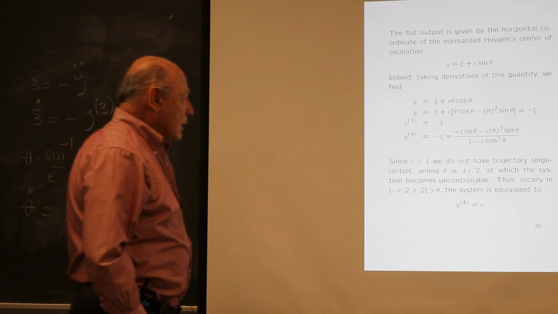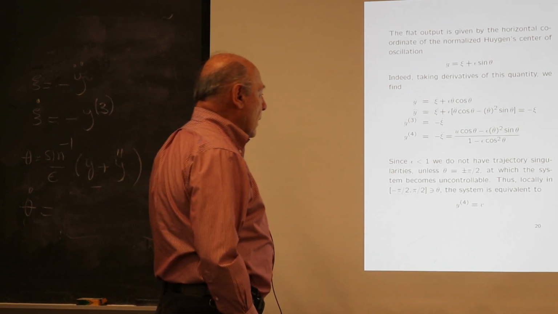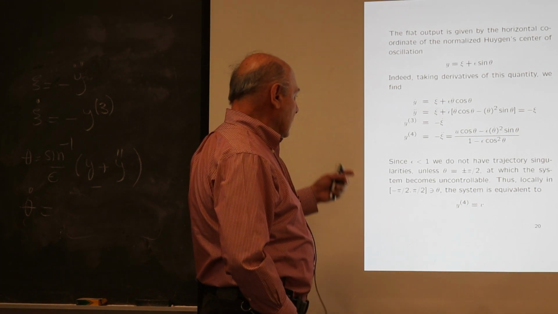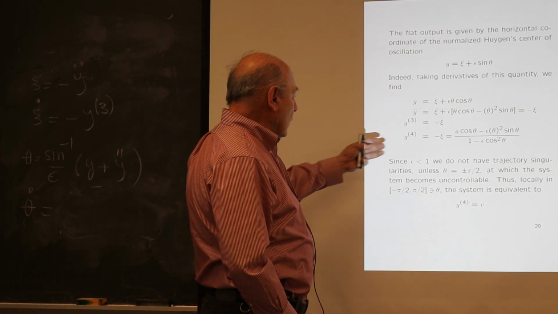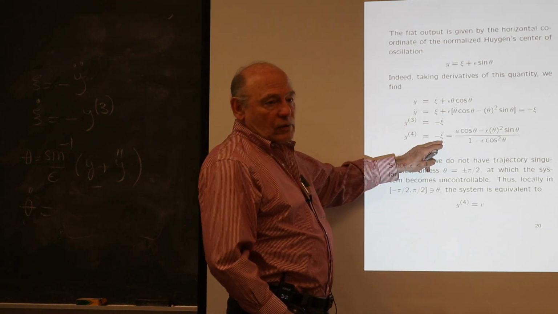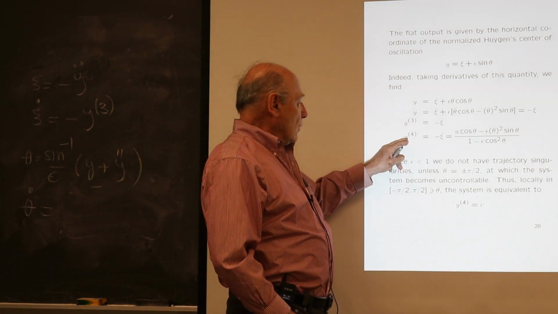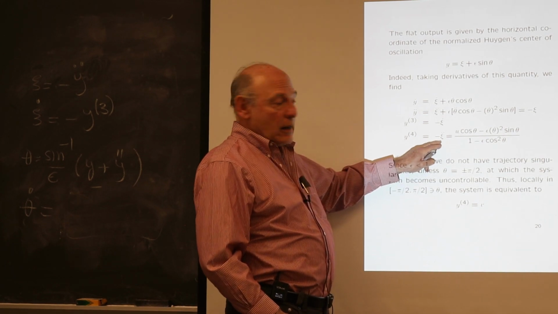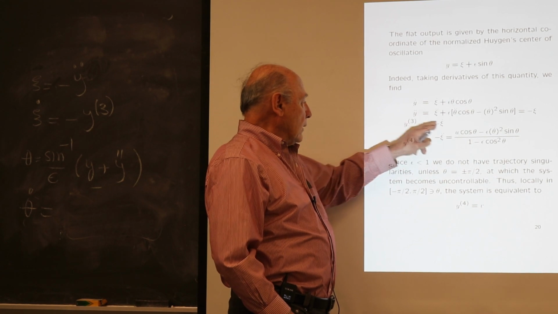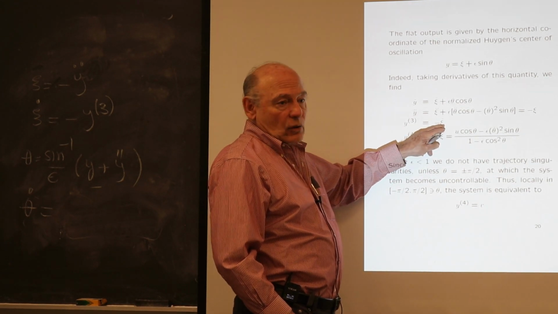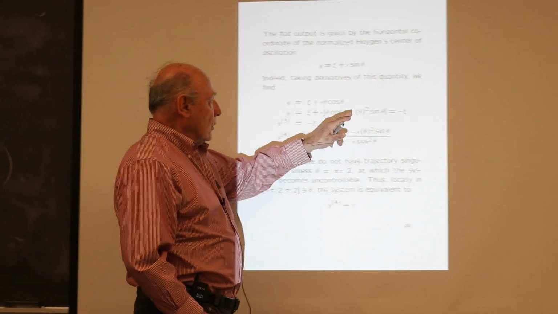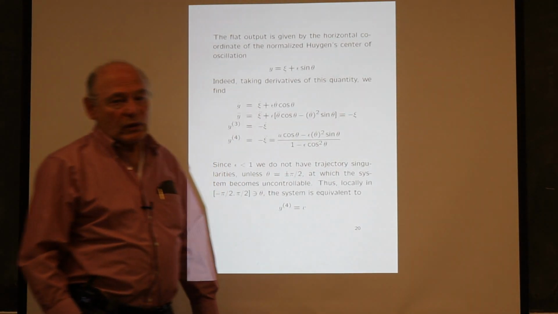So it's immediately clear that if you want to control the oscillations, for instance, you can do it from the flat output, because the flat output will drive the motions to 0. I mean, controlling y4 will control the acceleration, and controlling y4 and y3 to 0 will control the acceleration and the velocity, and controlling y dot of y will control the position.